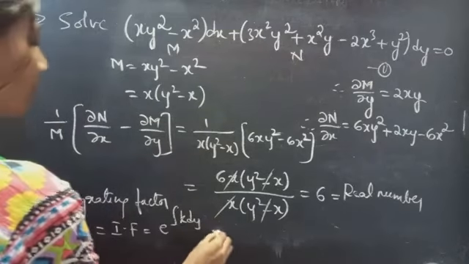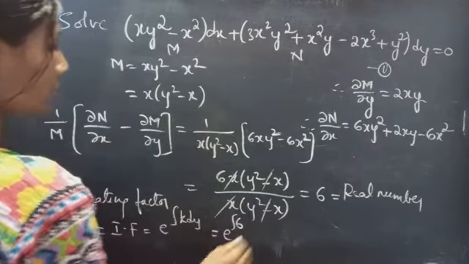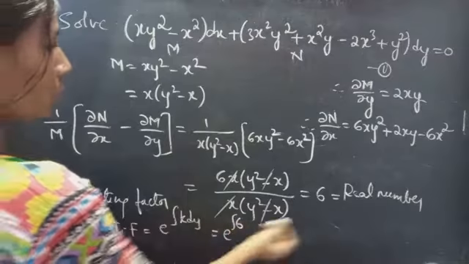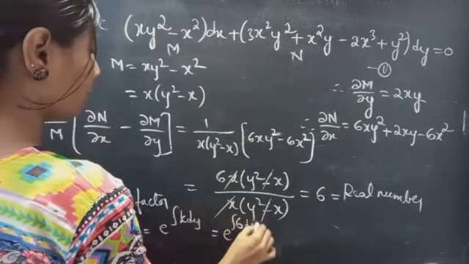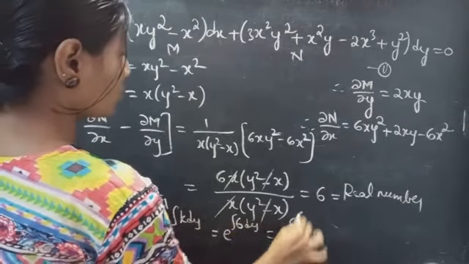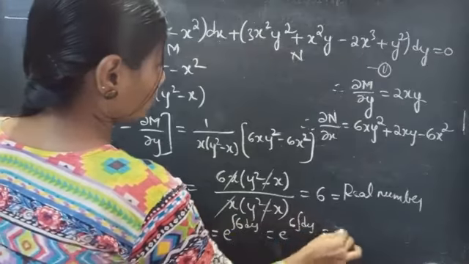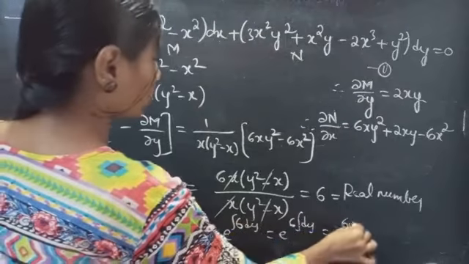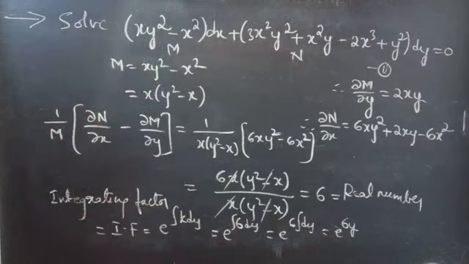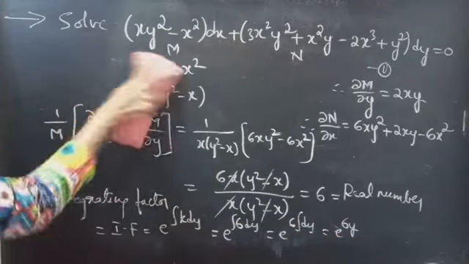So it equals e power integral of the real number k, for k equals 6, into dy, which equals e power 6 into integral dy, which equals e power 6y, since integral dy is y. So here e power 6y is our integrating factor.